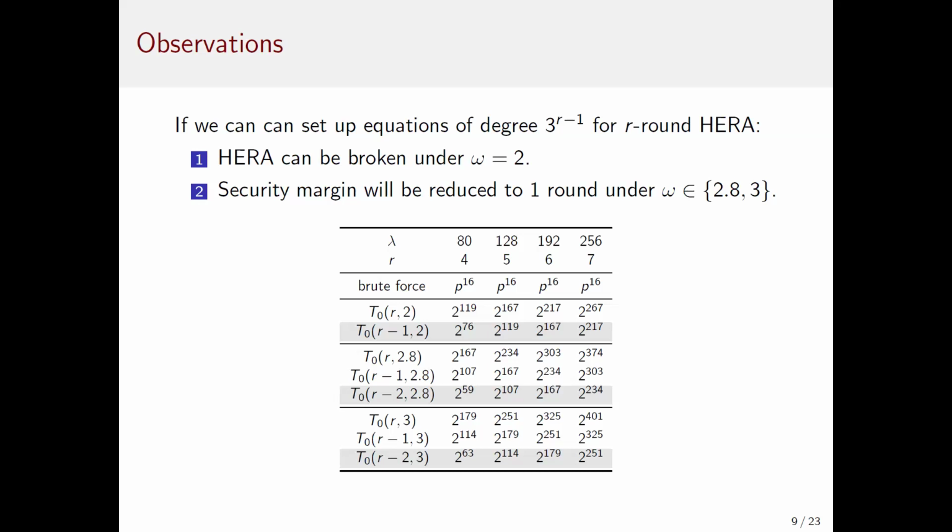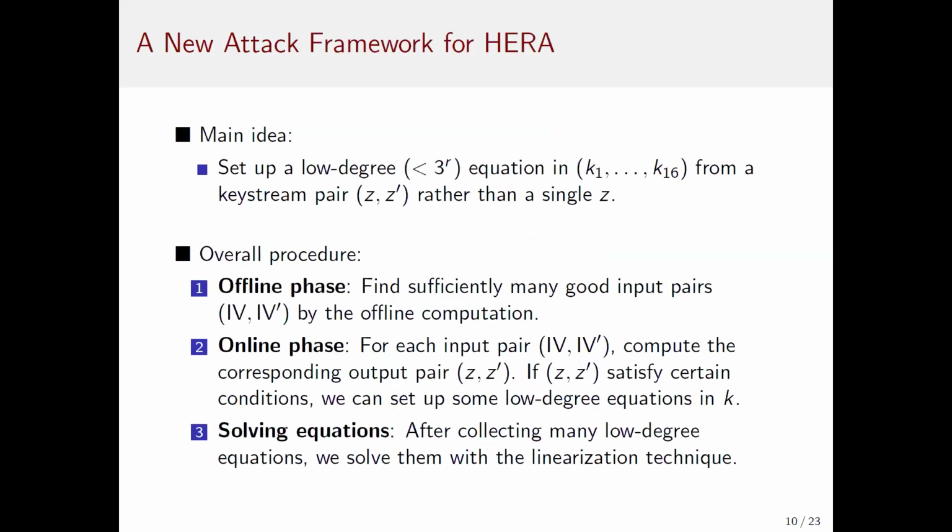And in a more realistic setting, where we choose the algebraic constant omega as 2.8 or 3, we can reduce the security margin from 2 rounds to only 1 round.